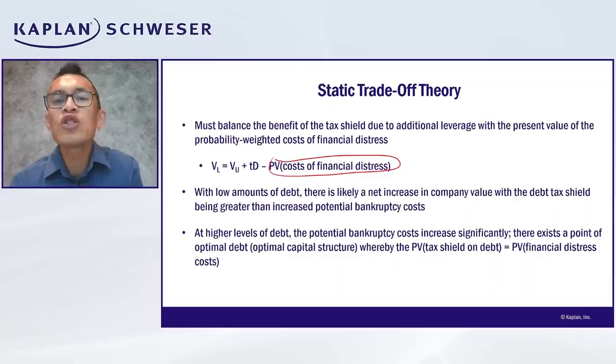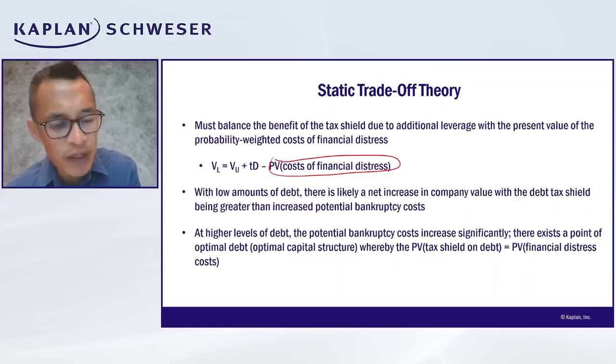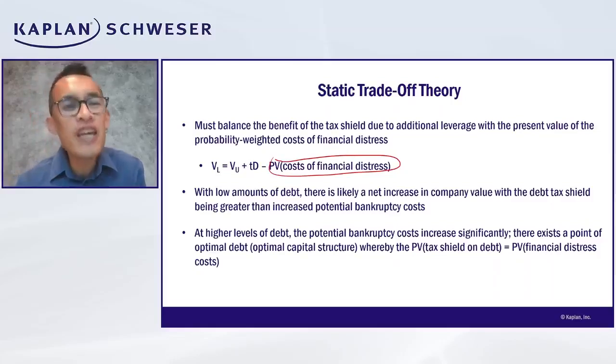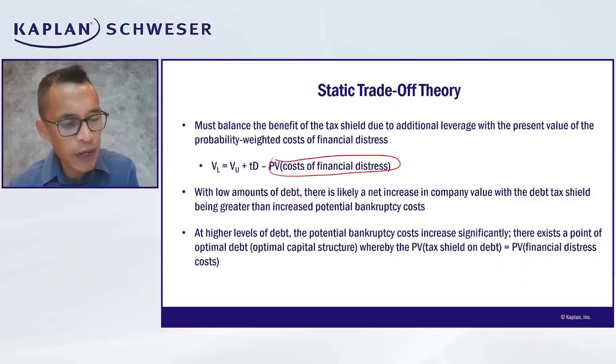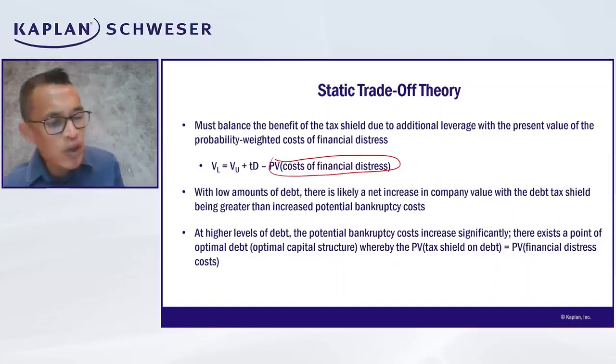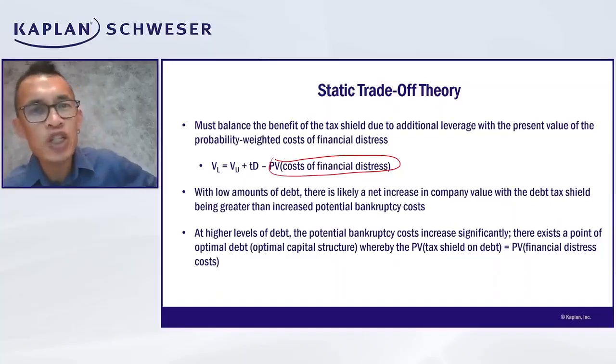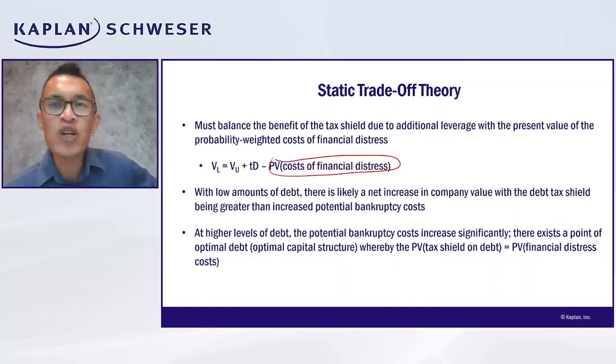So it includes direct costs such as higher interest rates and indirect costs such as opportunity costs, reputational damage, and loss of key staff. Okay, so just to get a flavor of what this is. Okay, now there is an increased probability of financial distress with greater operating financial leverage, as well as lower liquidity.